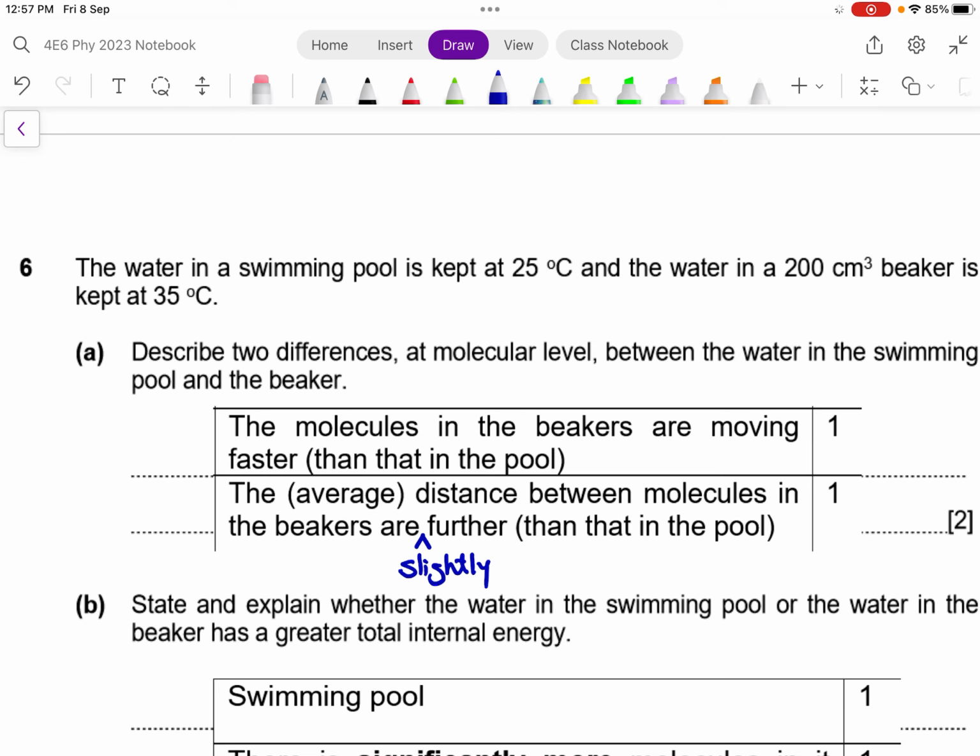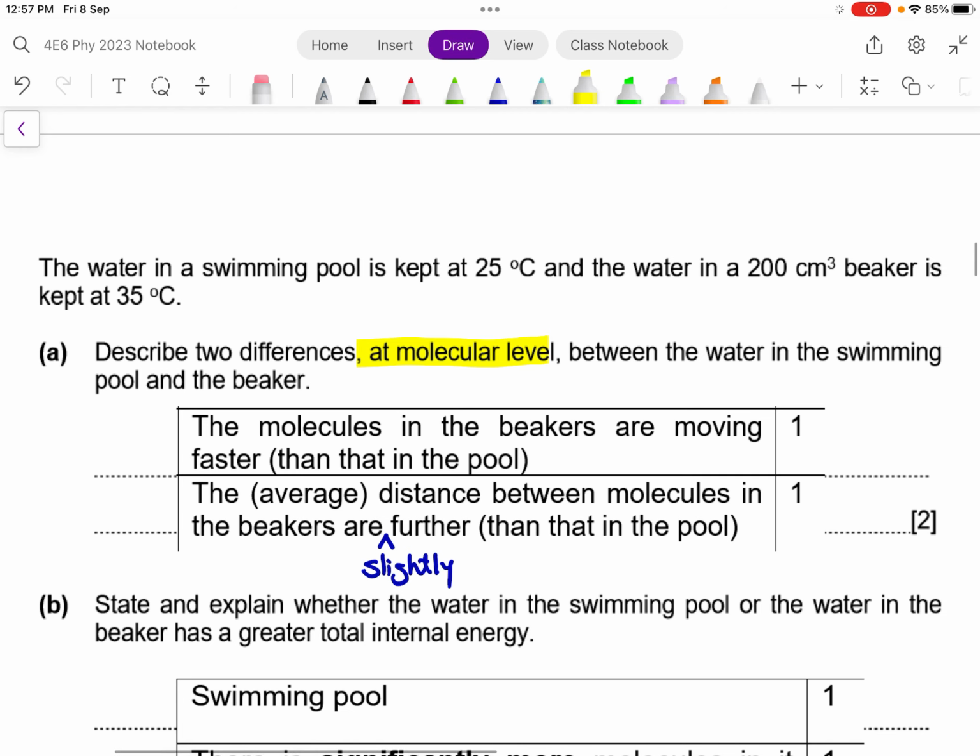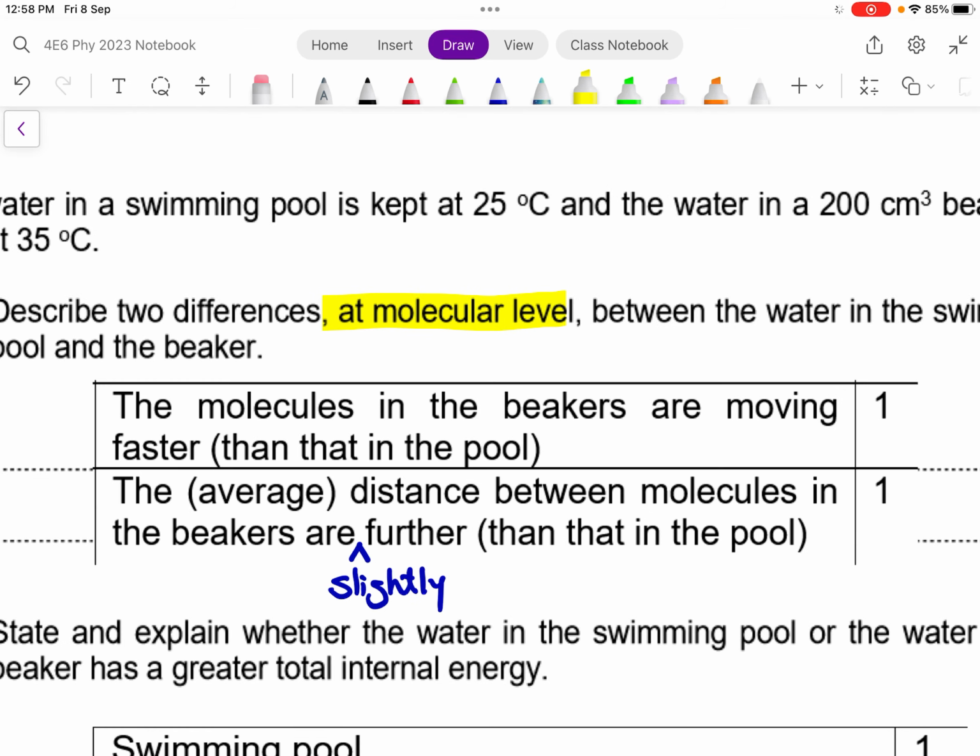We just want to find out whether you understand what we mean by at the molecular level, which many of you did. So basically the warmer water in the swimming pool, the warmer water in the beaker will have molecules that are moving faster, and because both water in swimming pool and in beaker are the same state, even with a higher temperature in the beaker, the average separation distance between the molecules differs by just a little bit.